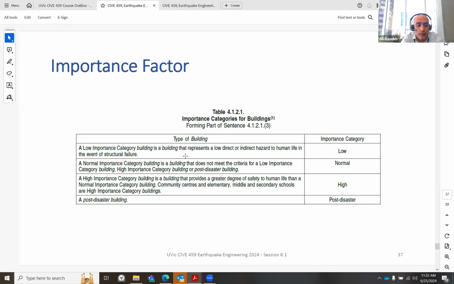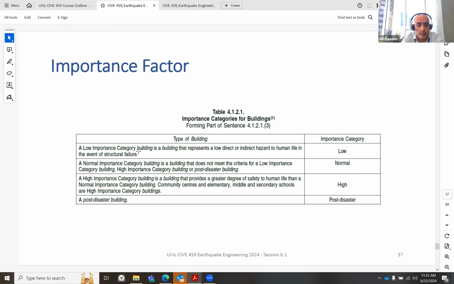What is abnormal? Low importance. A low importance category building is a building that represents low direct or indirect hazard to human life, such as maybe some non-residential farm building where they keep the hay or wheat.